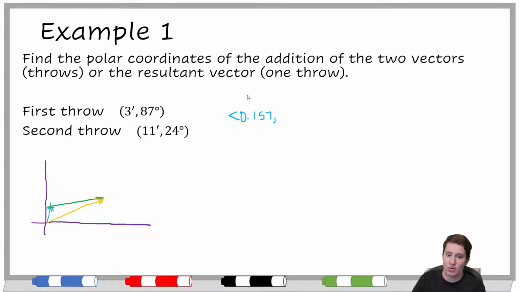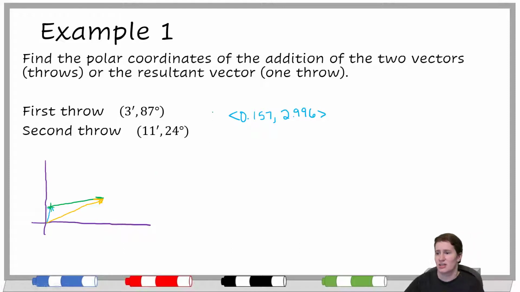Because it's so close to 90, I'm getting what might seem like some weird answers here. This was almost 3 and this is kind of close-ish to 0, because that first vector is almost a vertical vector. All right, let's do the second one here.